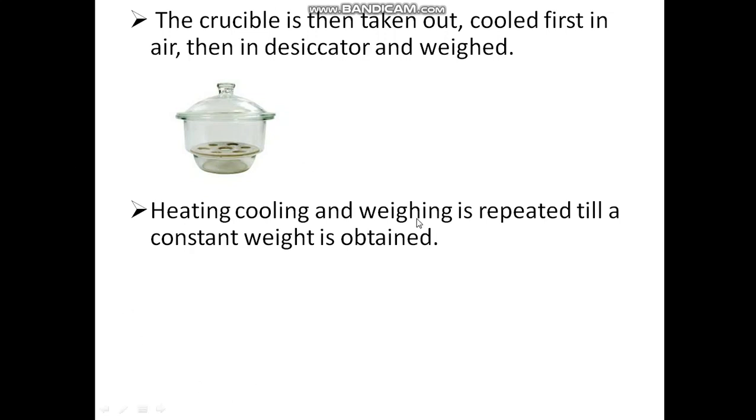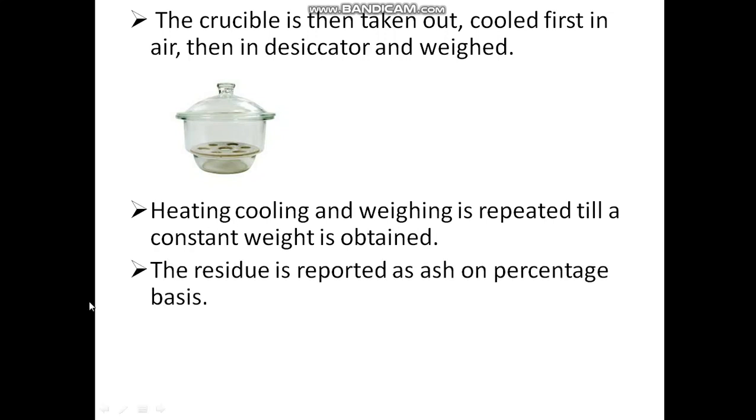The same procedure is repeated till we get the constant weight. So when we get the constant weight, we are going to stop. The residue is reported as ash on the percentage basis.